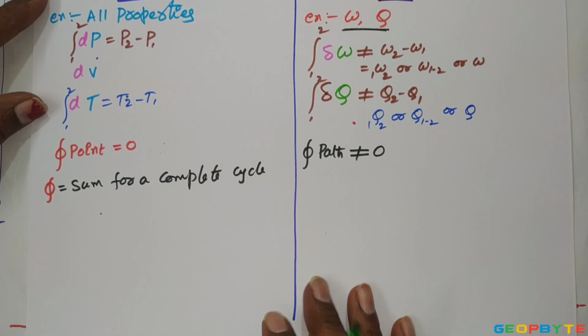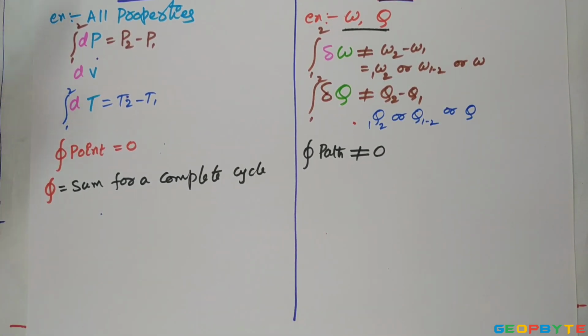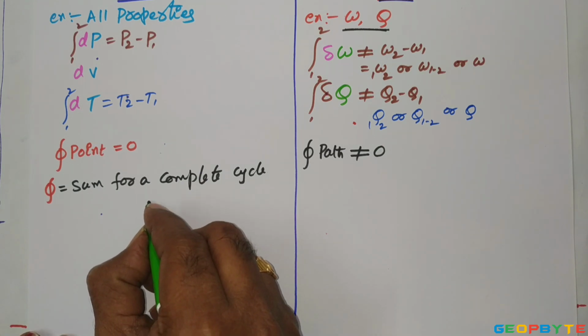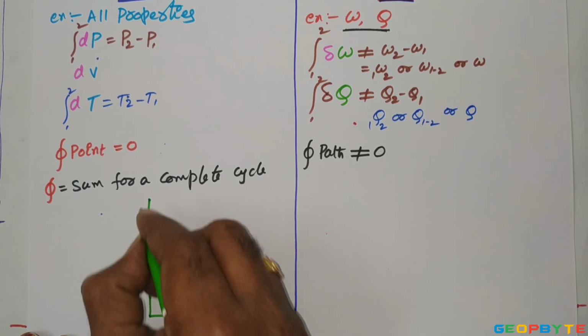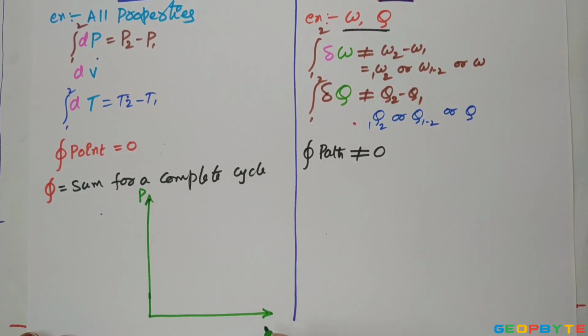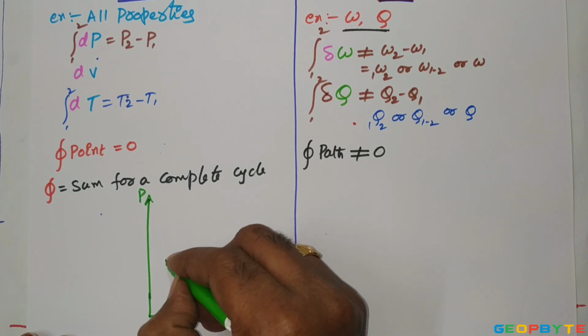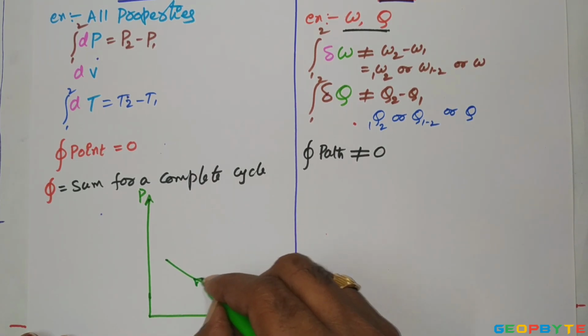Now let us conclude how the cyclic integral of a point function quantity equals 0. For that, let us take a PV diagram for a cycle, pressure versus volume. Let us construct the cycle.